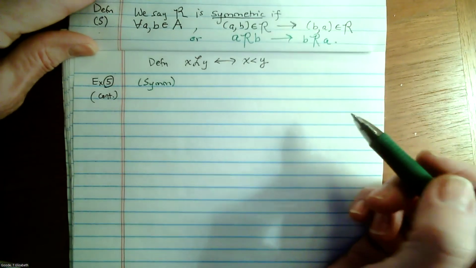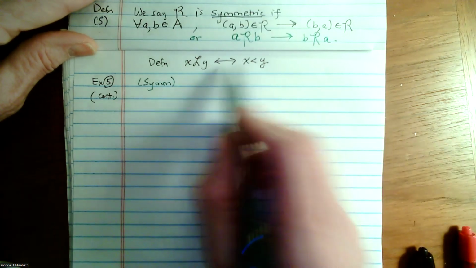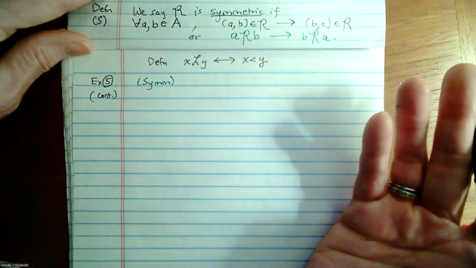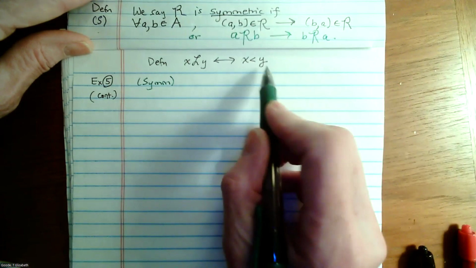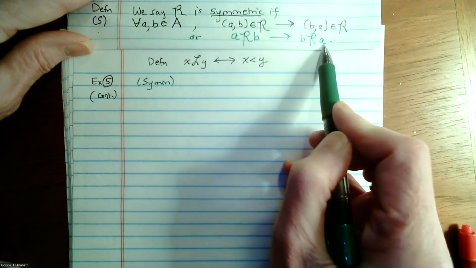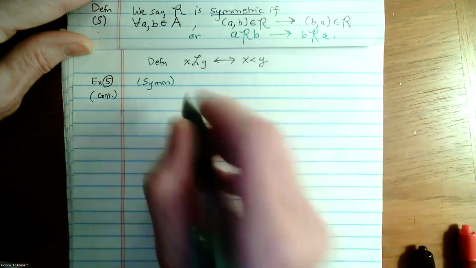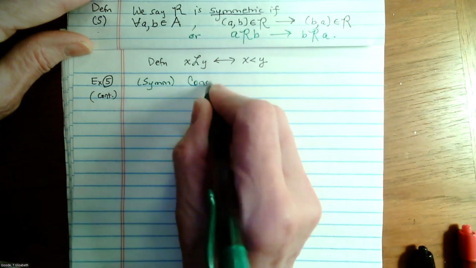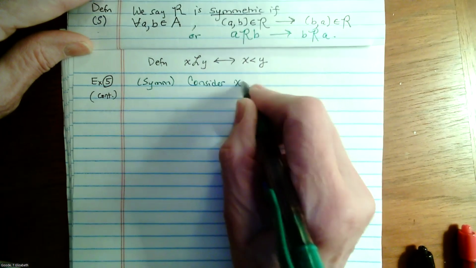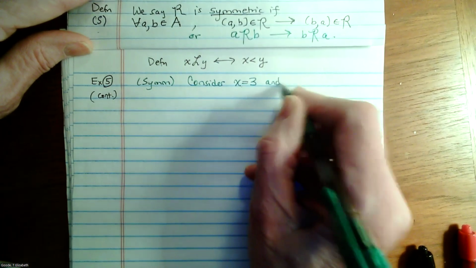Not at all. I mean, it's one of these relations that we understand. Just because X is less than Y, is that going to make Y less than X? Not at all. So let's give a counterexample. What about X equals 3 and Y equals pi?